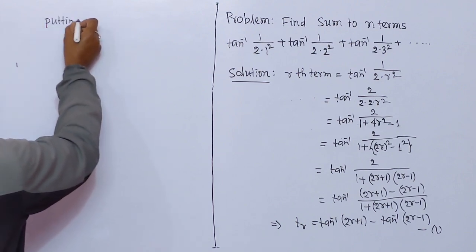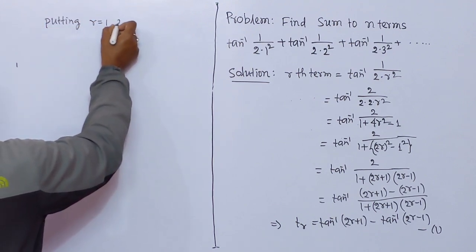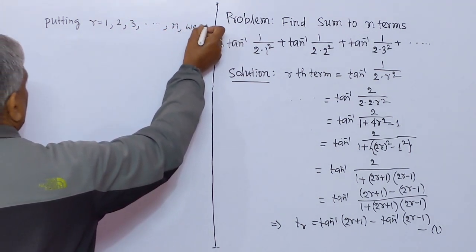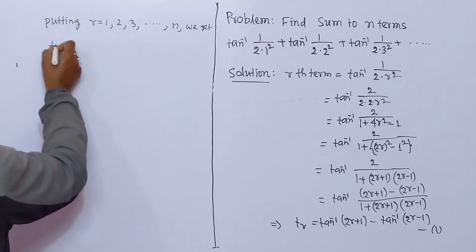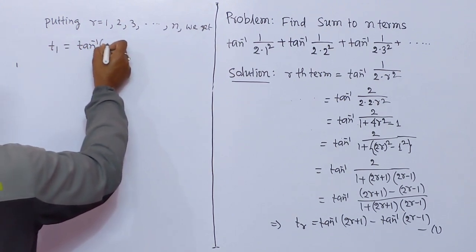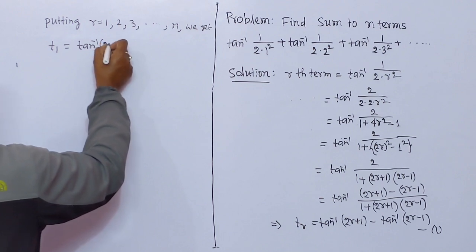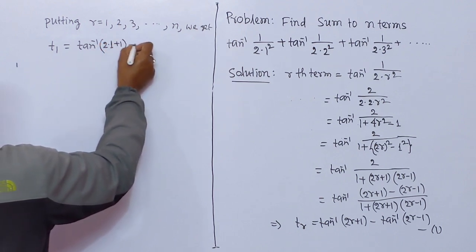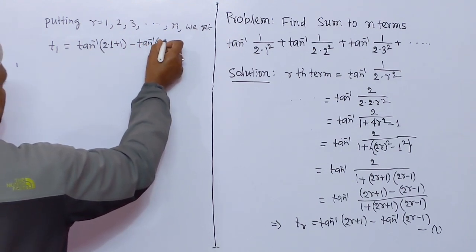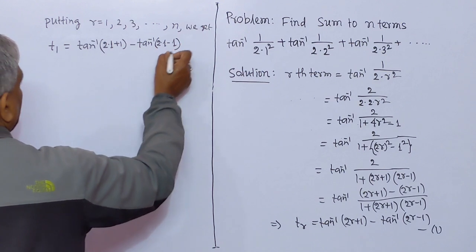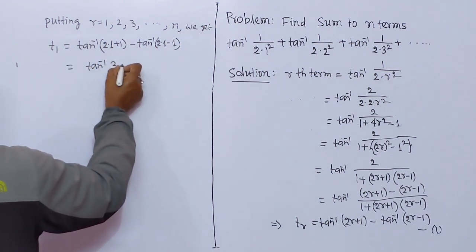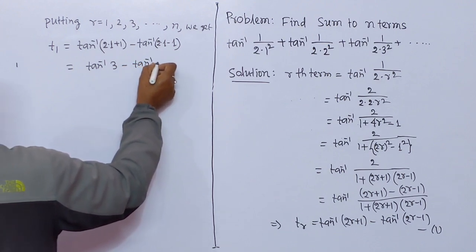Putting r equal to 1, 2, 3, ..., n, we get T1 equal to tan inverse 2 multiplied by 1 plus 1 minus tan inverse 2 multiplied by 1 minus 1, and this will be equal to tan inverse 3 minus tan inverse 1.